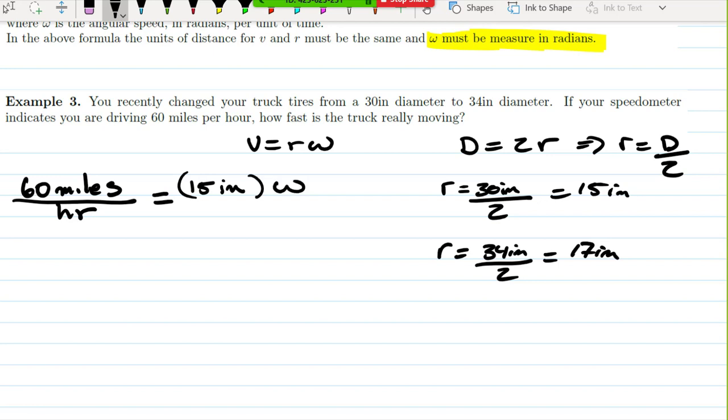Our speedometer tells us how many times our tires are rotating, or what the angular velocity is. Solving this equation for omega, we divide by 15 inches on both sides.